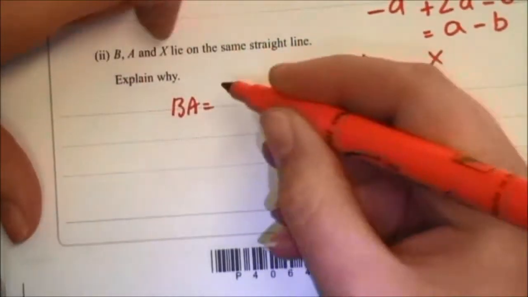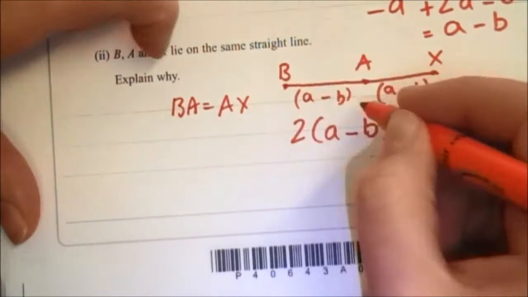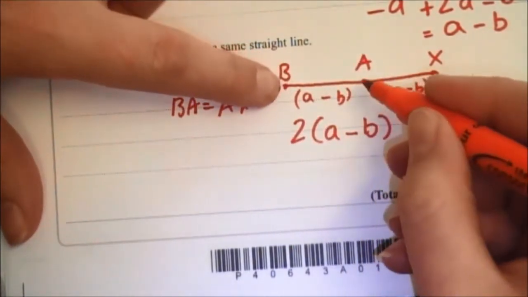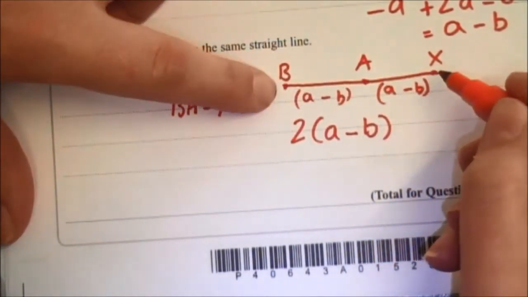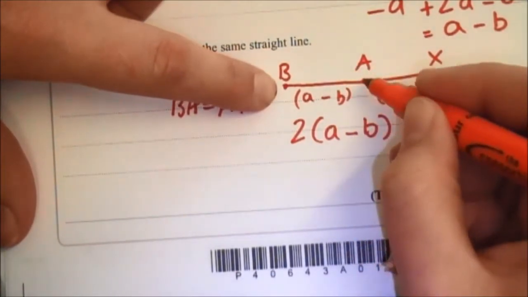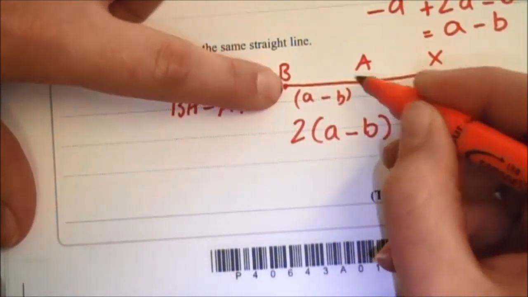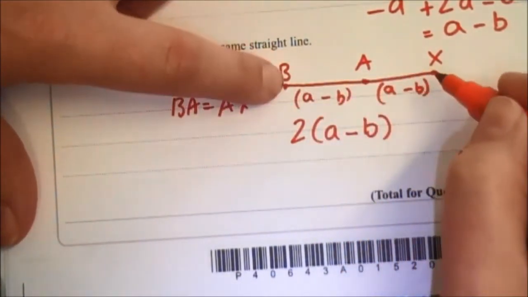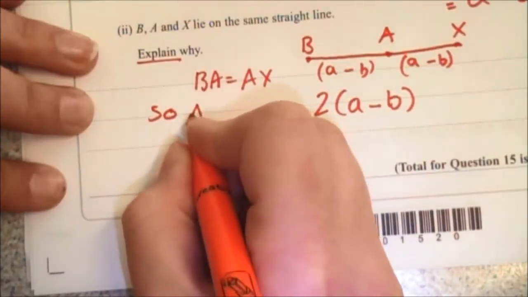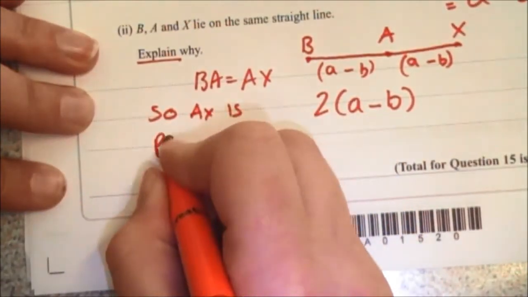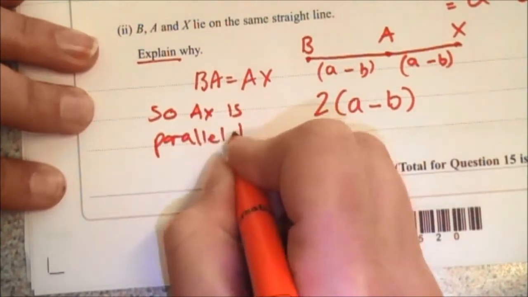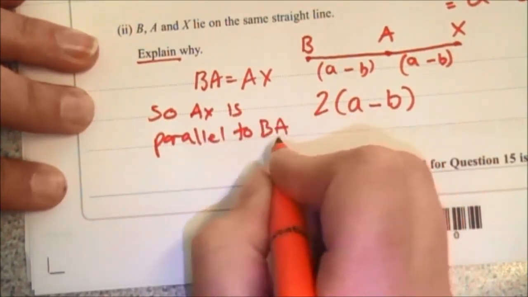BA is equal to AX, which puts the two lines, BA and AX, as being parallel to one another. And we know that point A is on the line of BA and BX. So AX is parallel to BA.